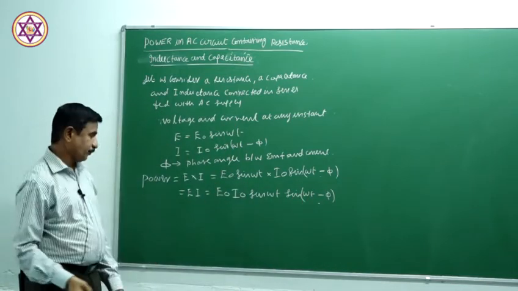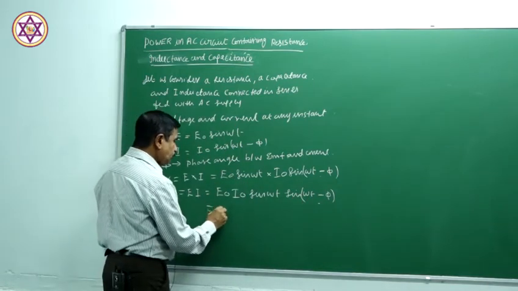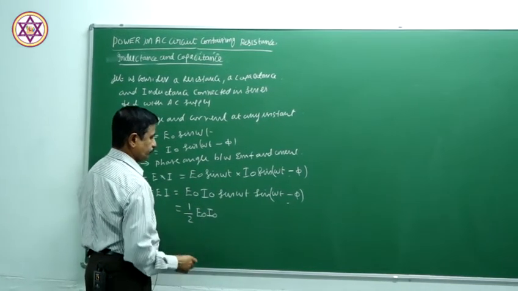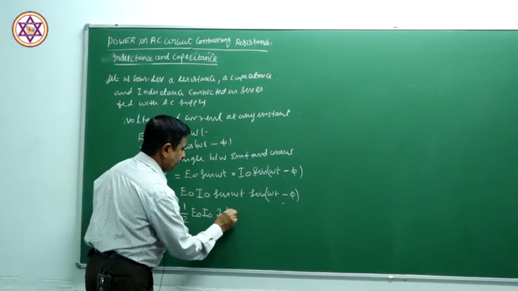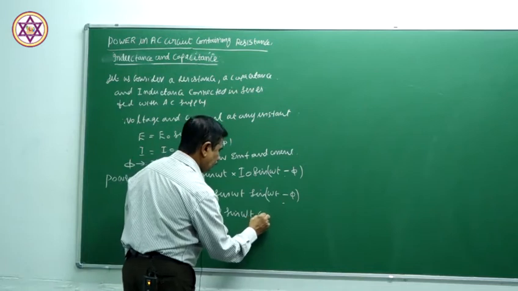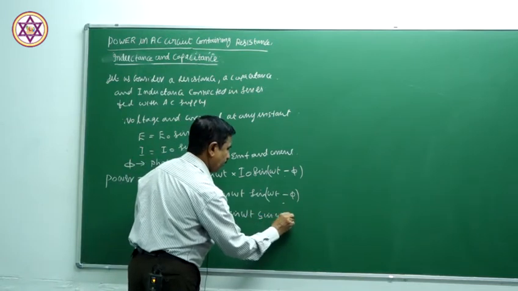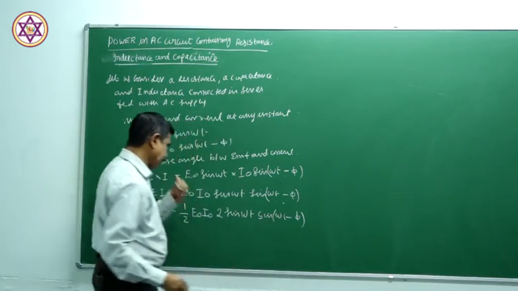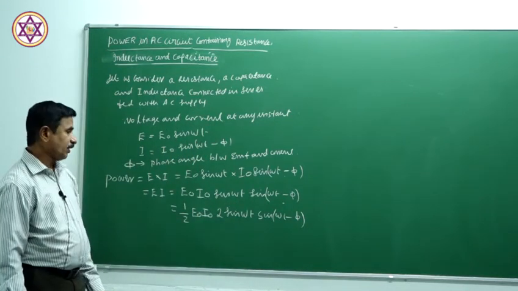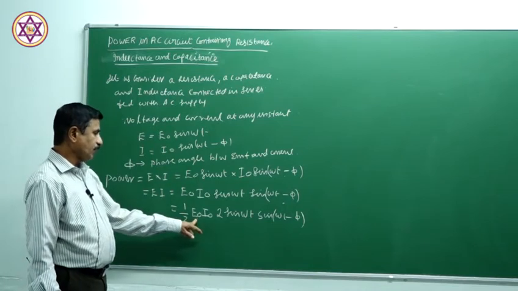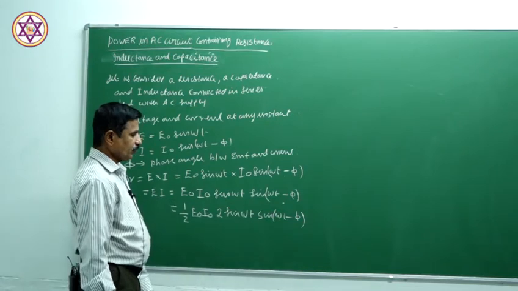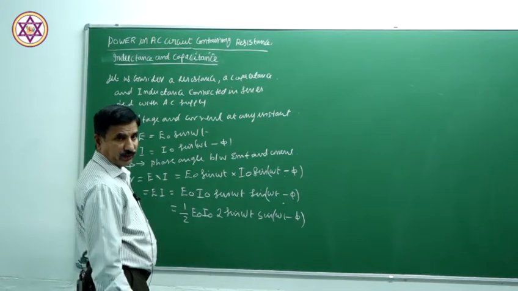I can write this expression as half of E naught I naught into 2 sin omega t into sin omega t minus phi.